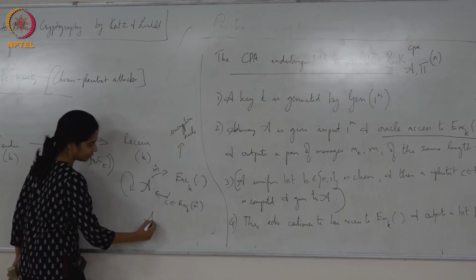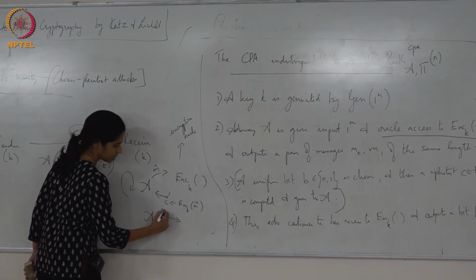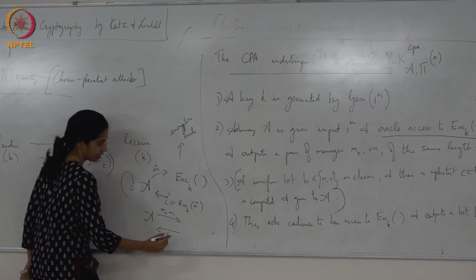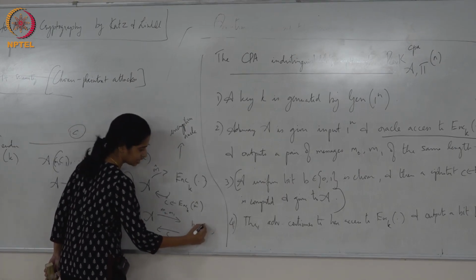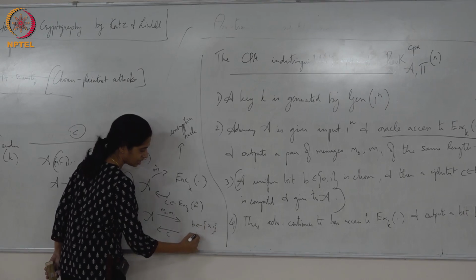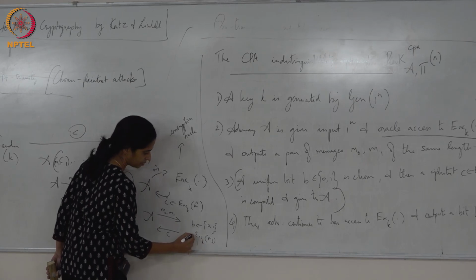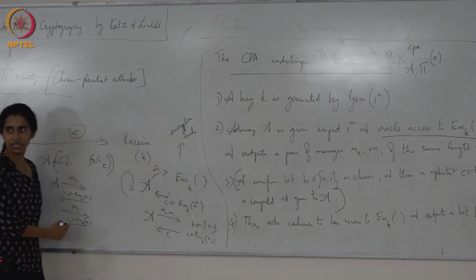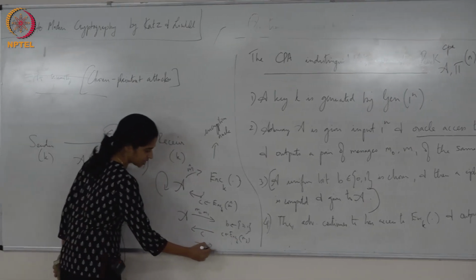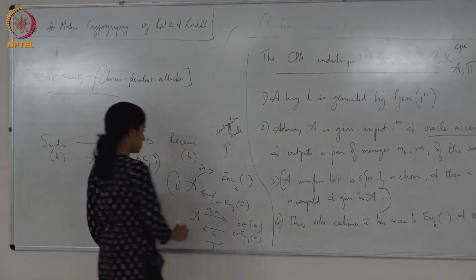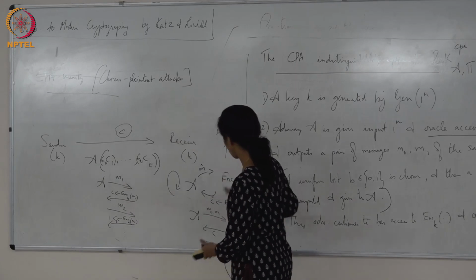Then the adversary outputs M0, M1 and then receives C, where C is the encryption of MB. And then A outputs its guess B prime. Again, A can still have access to the encryption oracle.